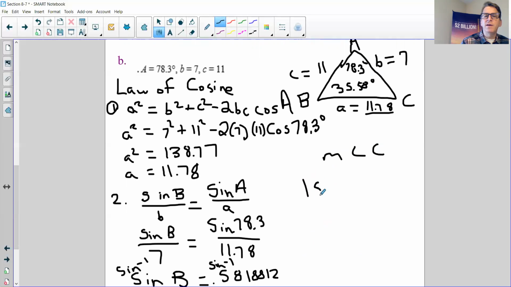So 180 minus 113.88 is equal to 66.12 for the measure of angle C.